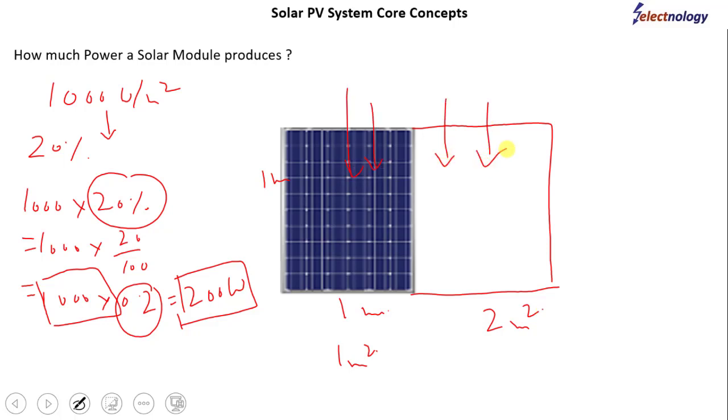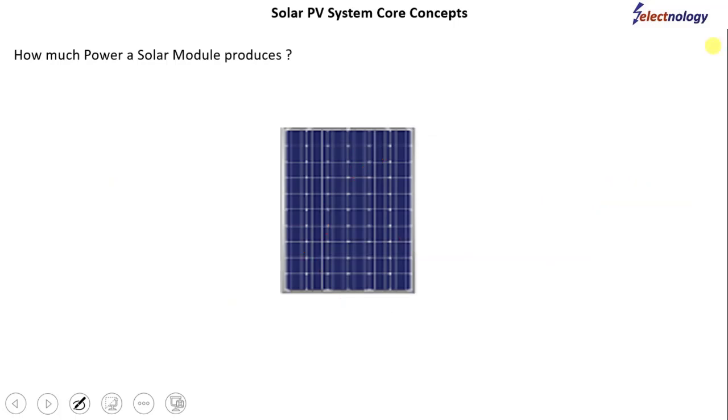This area will give us 200 watt, and this area will also give us 200 watt. That means if we double the area, the rated power of the module shall also double, so that shall become 200 plus 200, a 400 watt module.